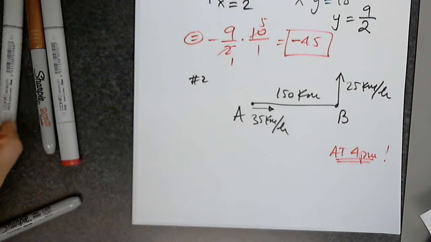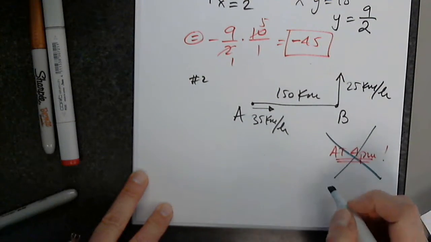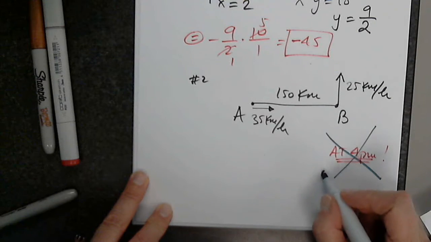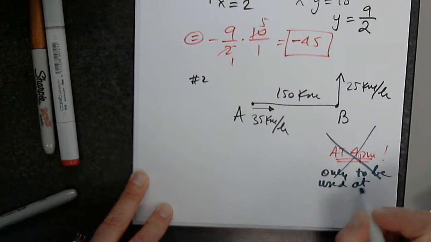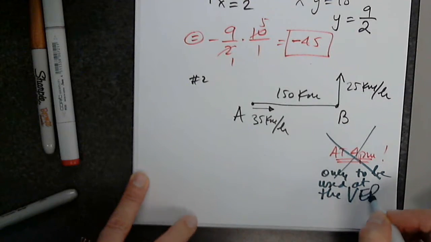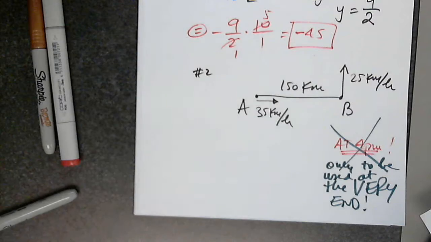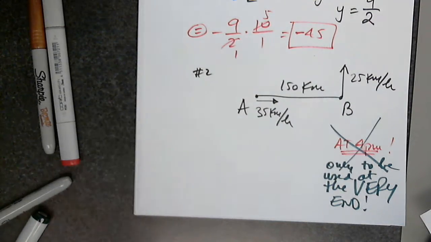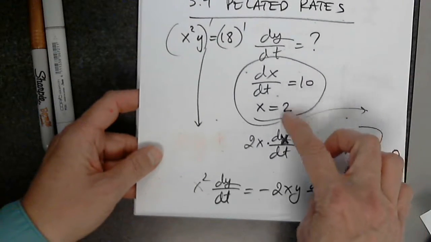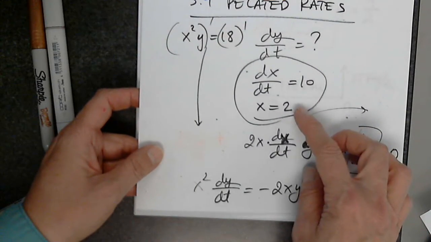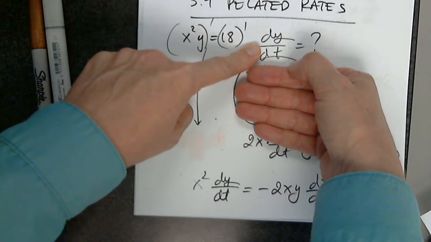I'm going to write it as I did, and you don't have to do this. I'm going to cross it out just to remind myself that it is only to be used at the very end of the problem, like we did here. I did not even look at these two numbers till I obtained an expression for dy over dt.